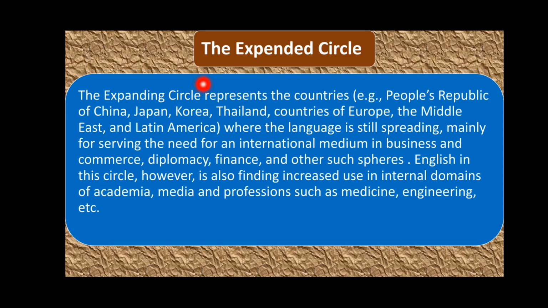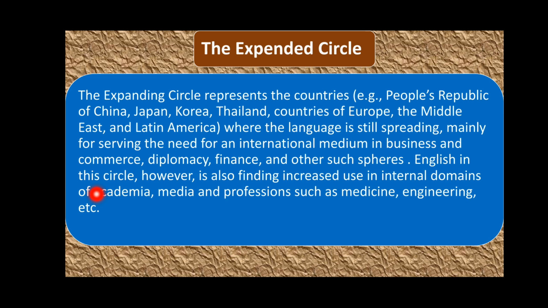Now the expanded circle of language according to Kachru. So the expanding circle represents the countries, for example, People's Republic of China, Japan, Korea, Thailand, countries of Europe, the Middle East and Latin America, where the language is still spreading mainly for serving the need of an international medium in business and commerce, diplomacy, finance and other such spheres.